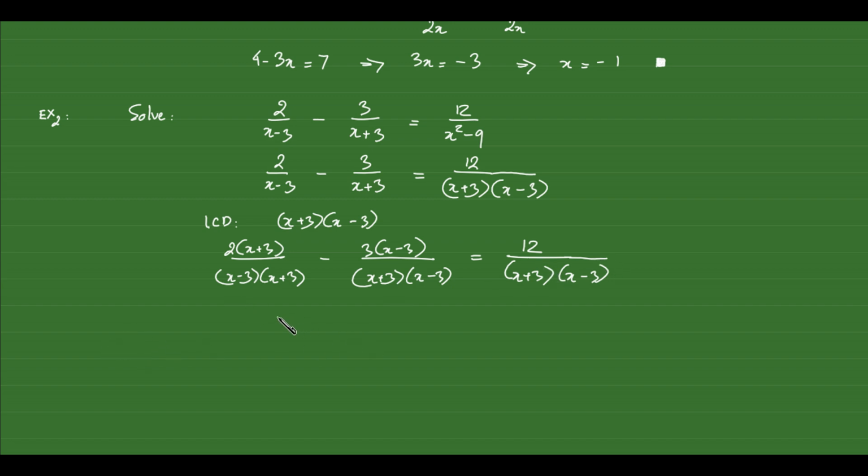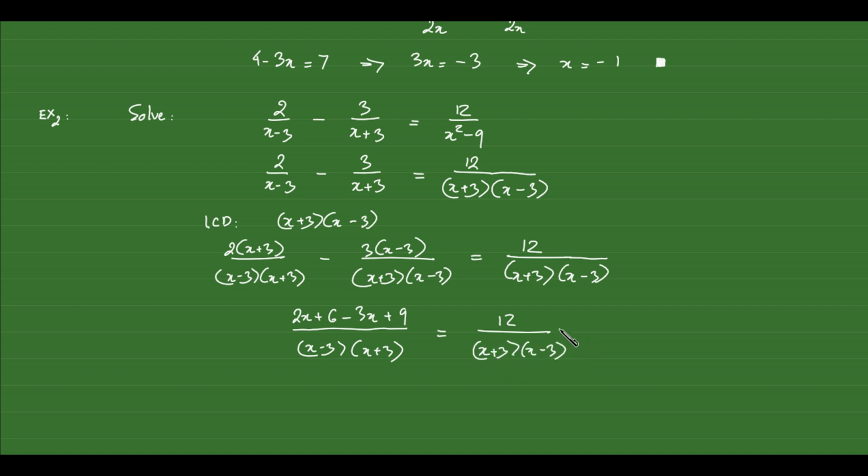And now you see that this is the same denominator, so we can go ahead and combine them. So you have 2x plus 6, distribute the minus 3 in, so negative 3x plus 9, over x minus 3, x plus 3, equals. You see that I'm trying to convert it into proportion form.